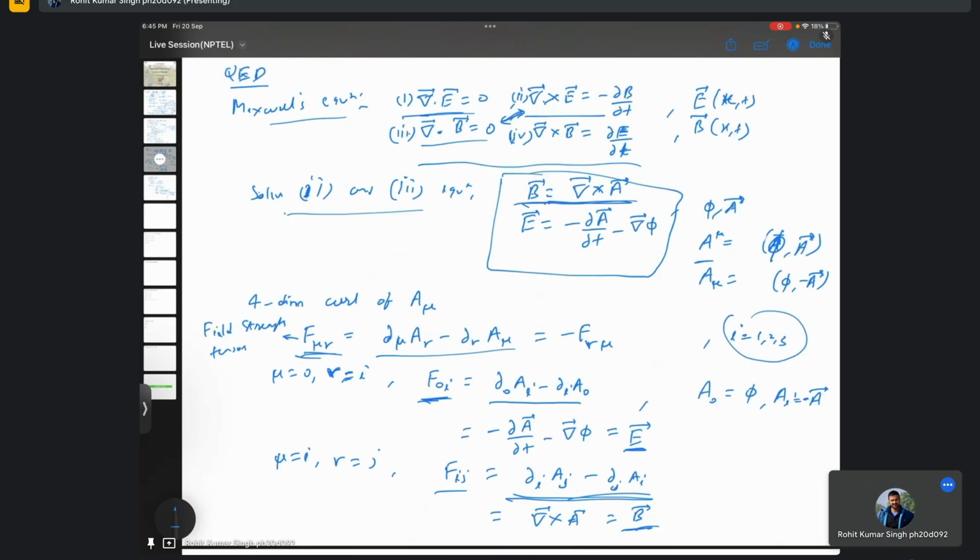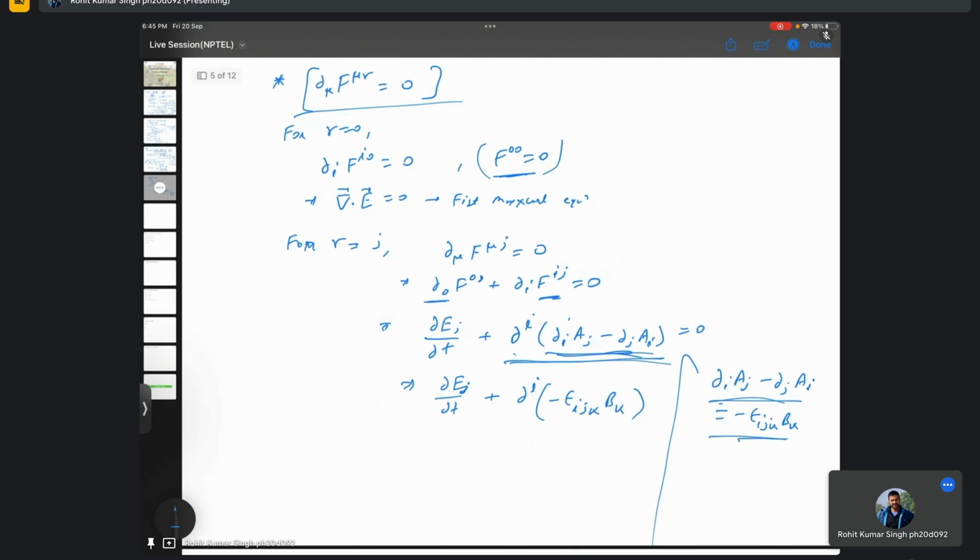Okay, this is the curl of the vector potential, which is the magnetic field, and this epsilon_{ijk} is called the Levi-Civita tensor, which ensures that the indices are in proper order. So if you have a change of indices, this will give you 0. Okay, it should be in order.